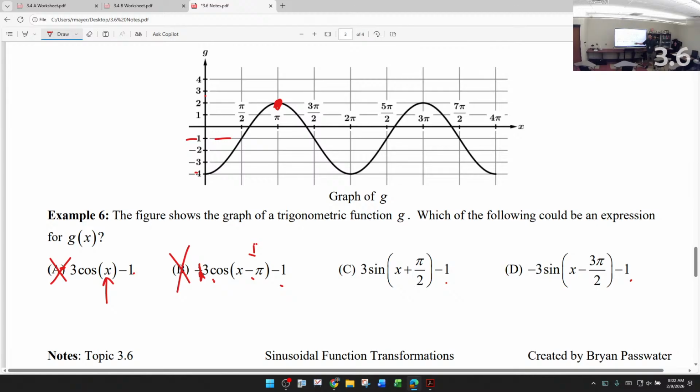So now we're down to signs. And this one says I'm shifted to the left, pi over 2. Left, pi over 2. That means at pi over 2, I better be at the midline.